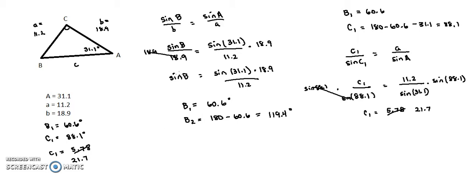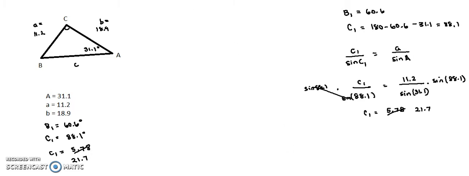All right, so now let's go on to C2. Now that we fixed that, fortunately before we got too far, I'm going to fit that in right here. So C2 goes with B2, and I just deleted that, but B2 was 119.4. We found that in what I just erased there.